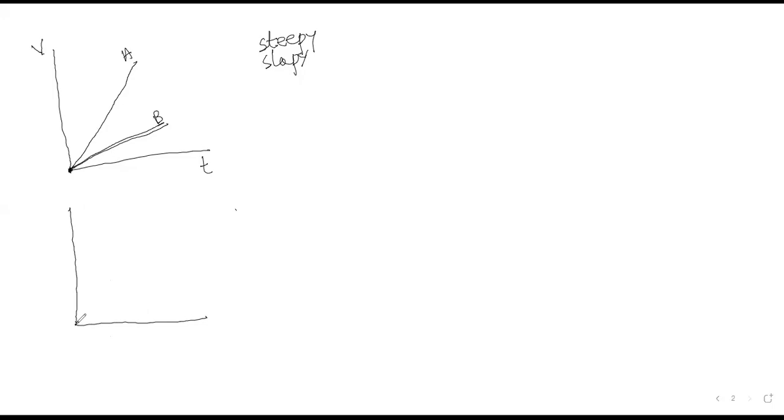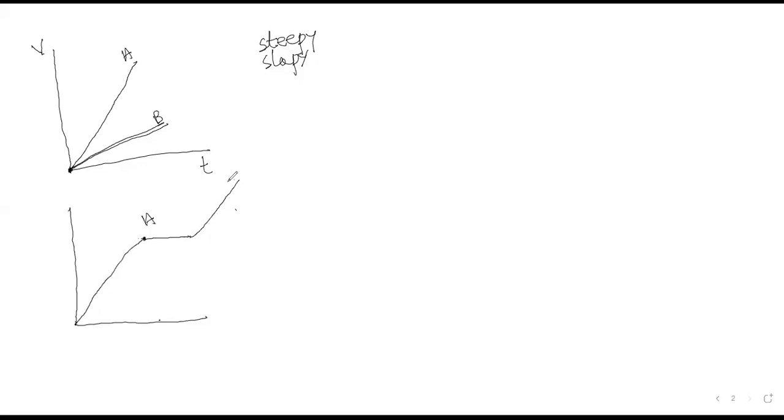This graph or this motion A is like this, and another motion went like this, and another one went like this.